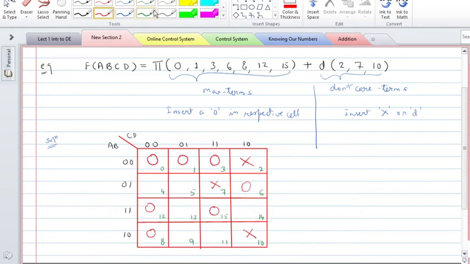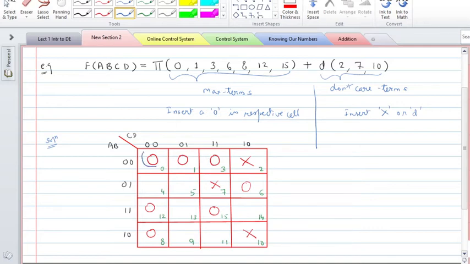Okay, so now here we have to form the grouping of zeros. So we have to form the largest possible group with the help of don't cares if possible.